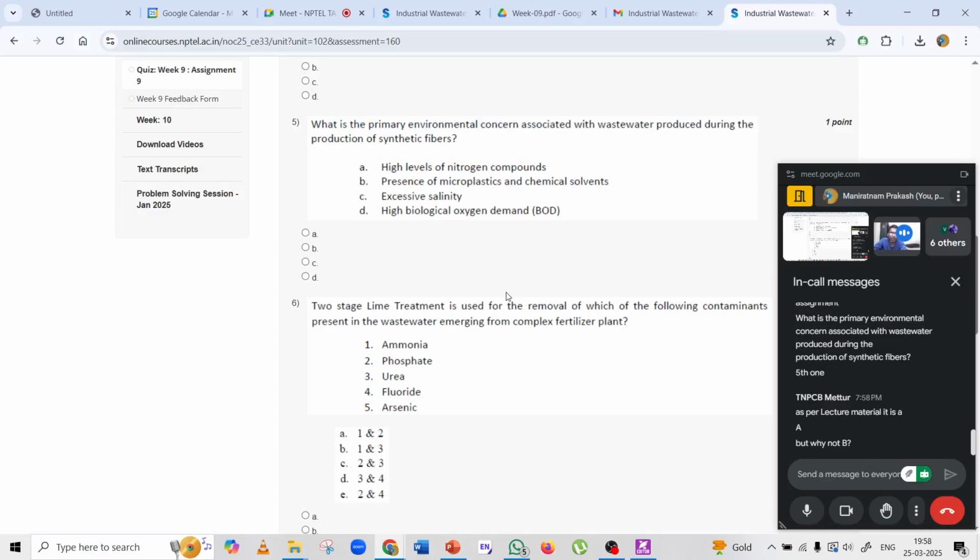See, microplastics and all these things are different things. Why would you say microplastic? Do you know how microplastics are produced?